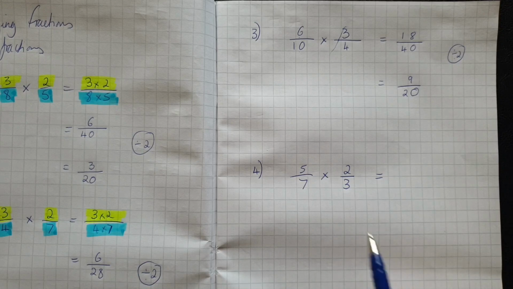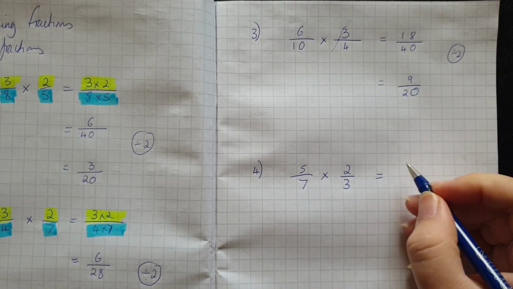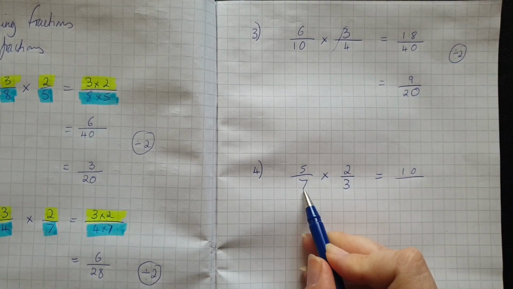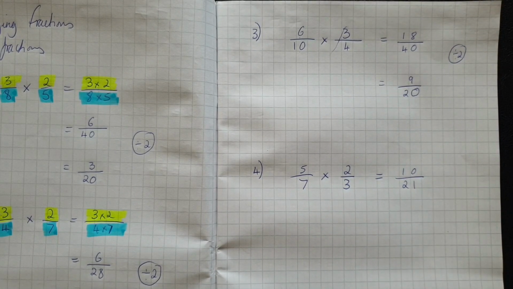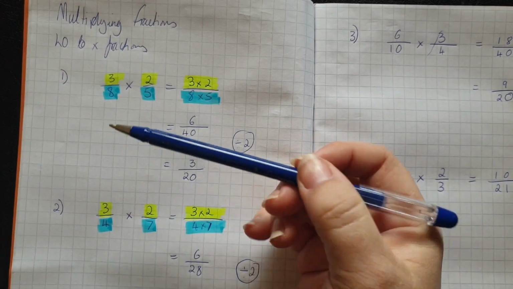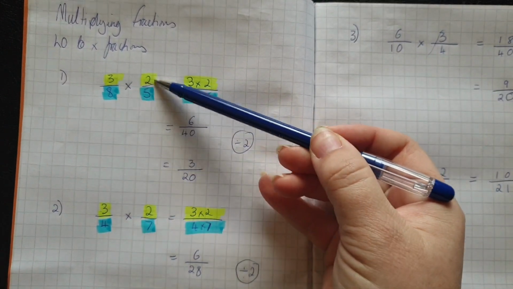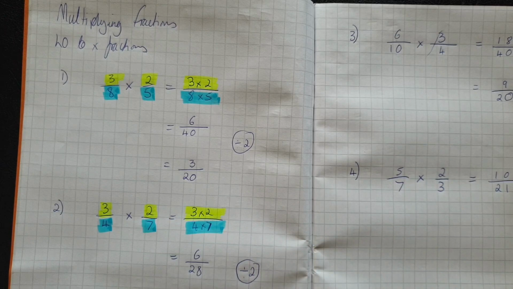Same principle again. 5 times 2 is 10. 7 times 3 is 21. However, this time you can't cancel. Okay, so this is how you multiply fractions for simple fractions with a simple numerator and denominator.